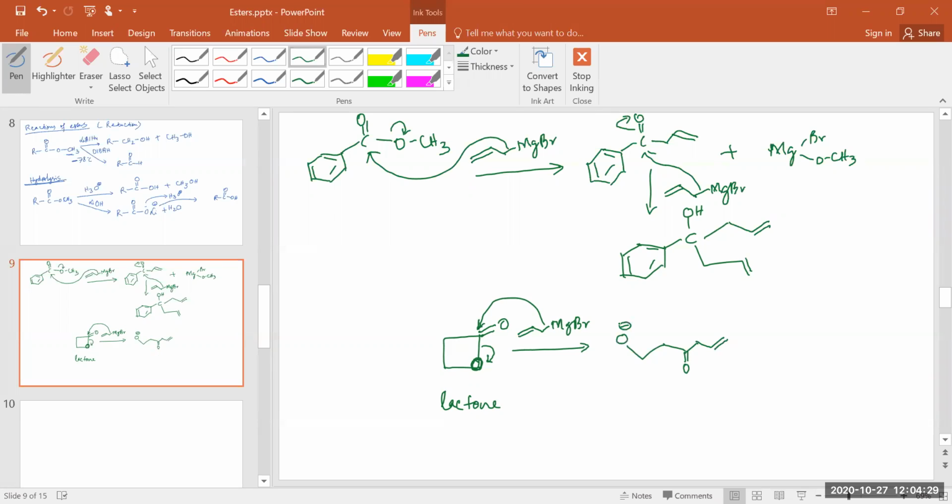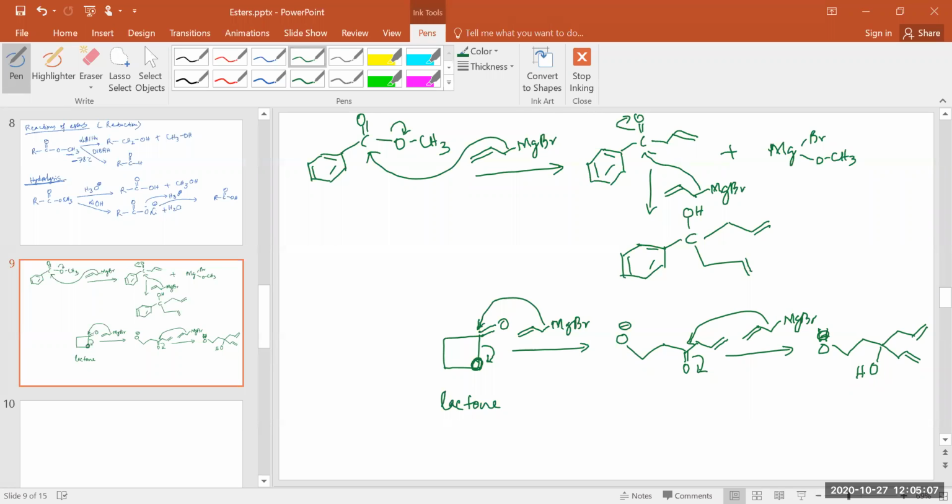It will make O minus. You see this one? Ketone. So again, here you have the acid, and this will make, after acid workup, this converted to OH, and this will also get converted to OH.